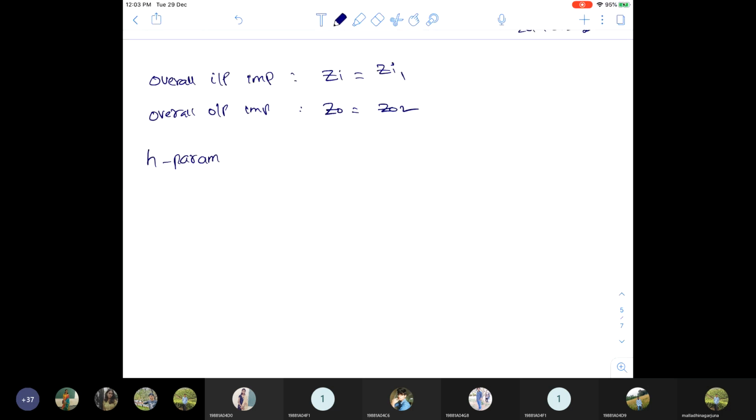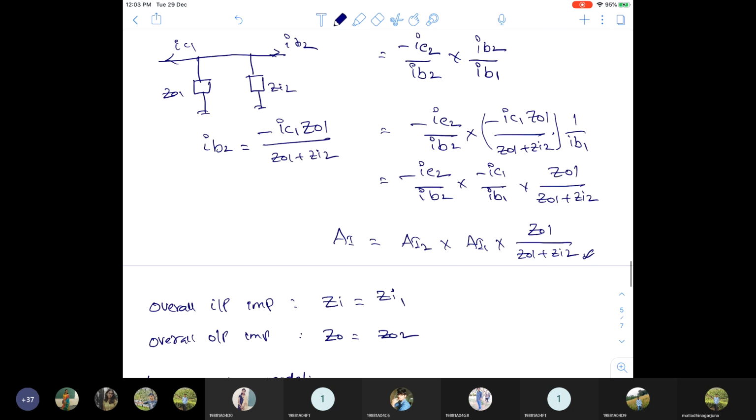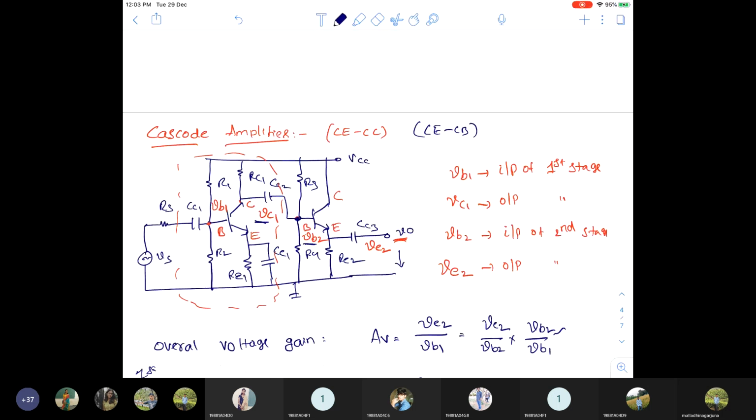In this H parameter model, when you are doing an AC analysis, there are some steps. Replace all capacitors with short circuit, and connect all DC sources to ground.